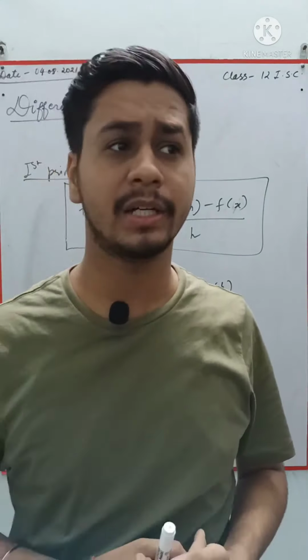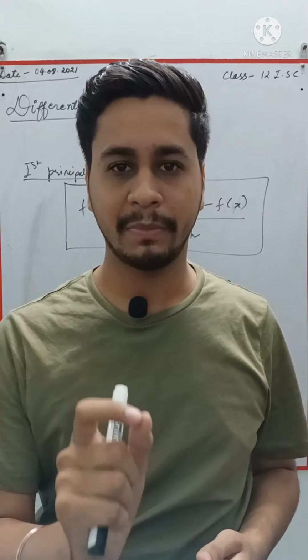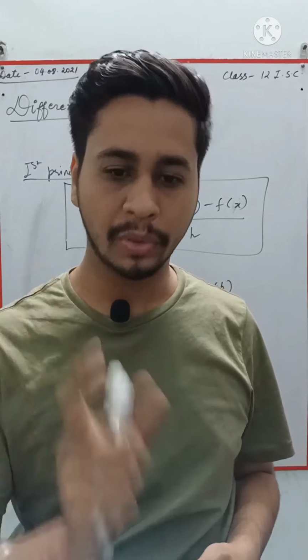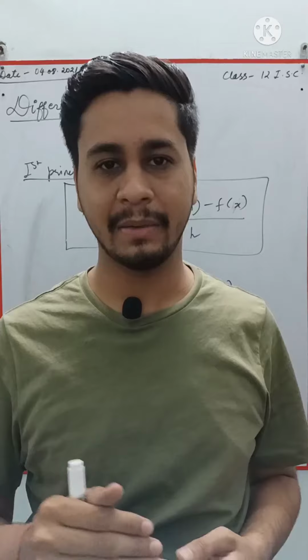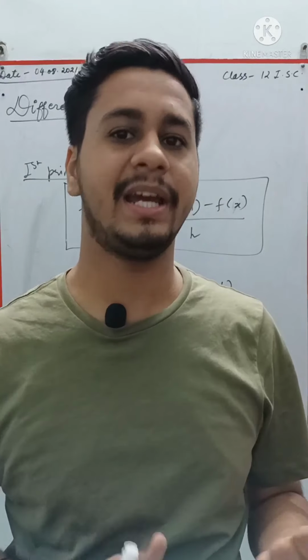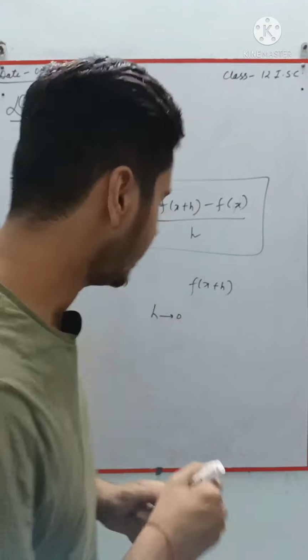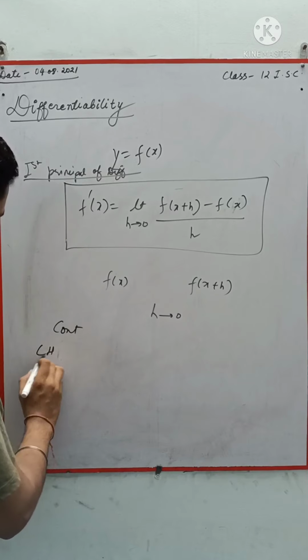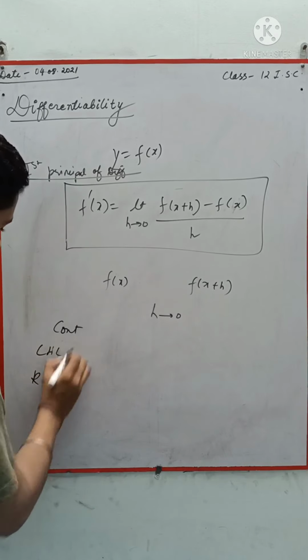Like for a continuous function, we always check the function from its left side, from its right side, and at that particular point, that is, the value of the function. Similarly, in differentiation, we will do the same by taking its left hand side and right hand side. I mean to say that for continuity, we check the left hand limit and right hand limit.